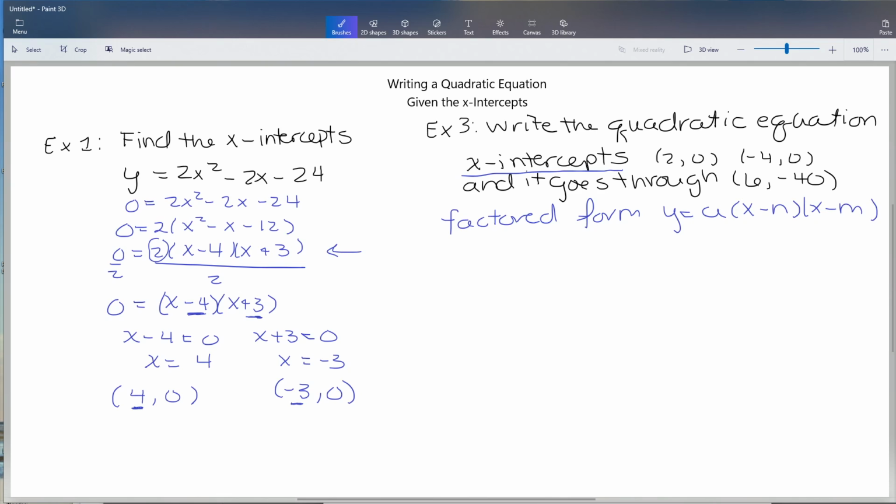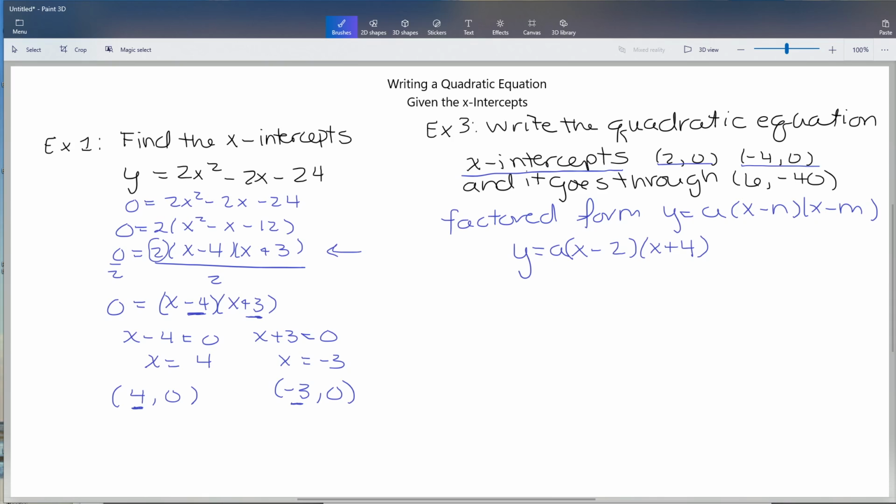Okay, so for us, we don't know what a is, but we do know what the factors are. So from the x-intercept (2, 0), we're getting the factor x minus 2. And from the x-intercept (-4, 0), we are getting the factor x plus 4.